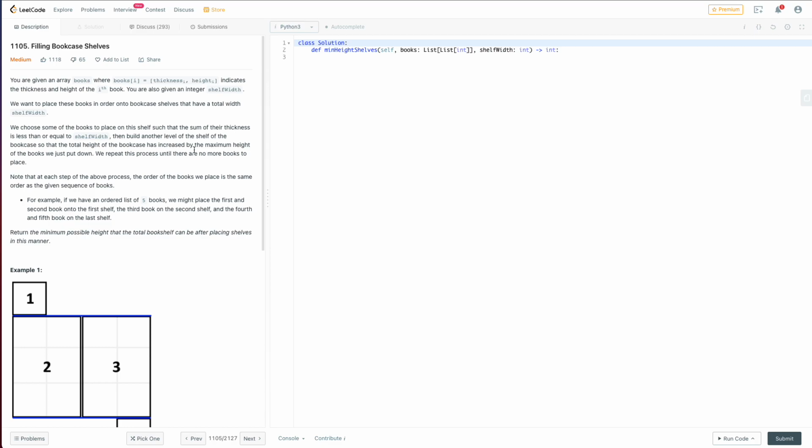So you're given an array of books, thickness, and height, and a shelf width. You want to place these books in order onto bookcase shelves that have total shelf width.